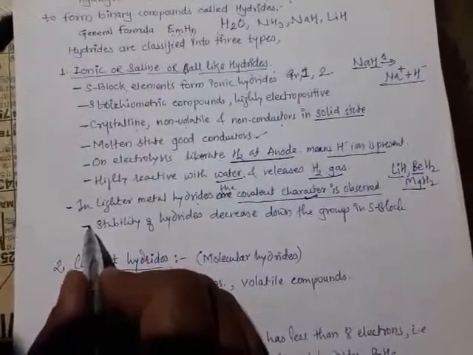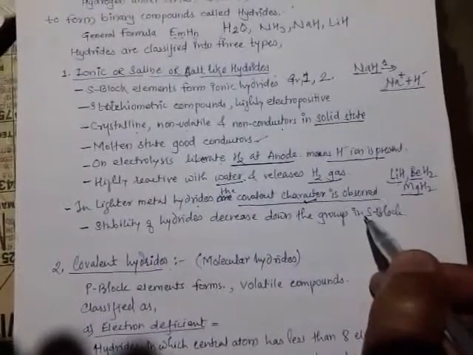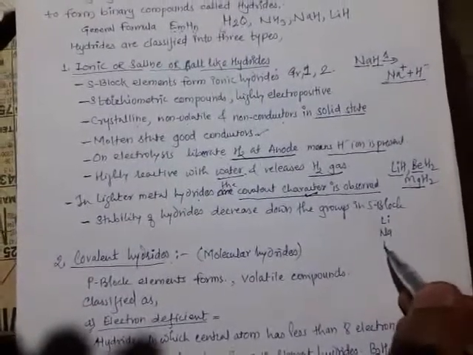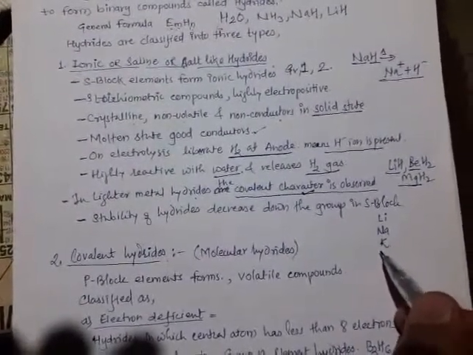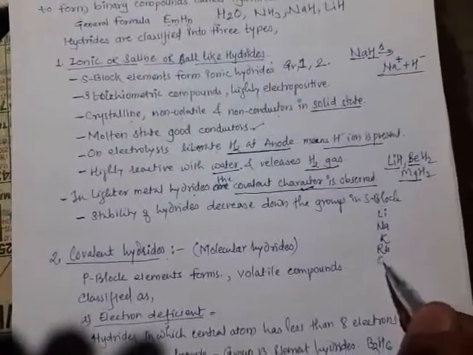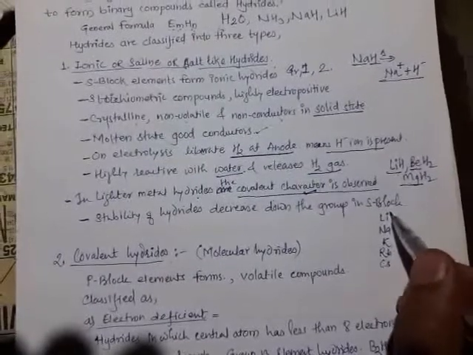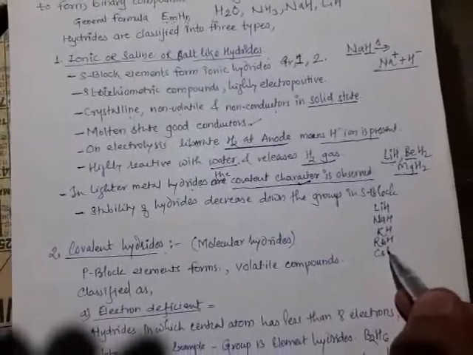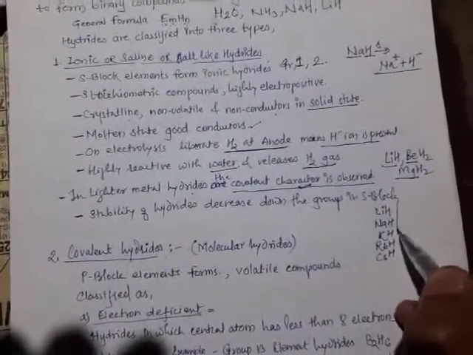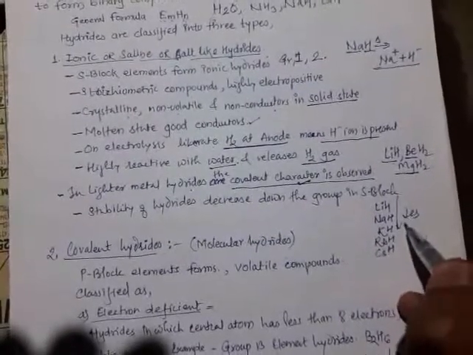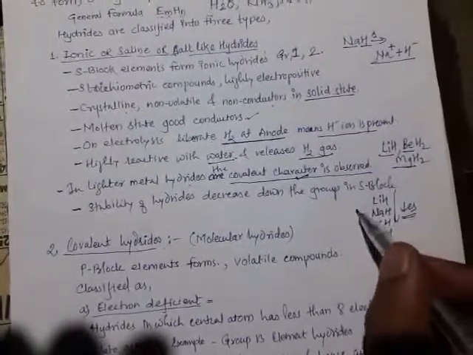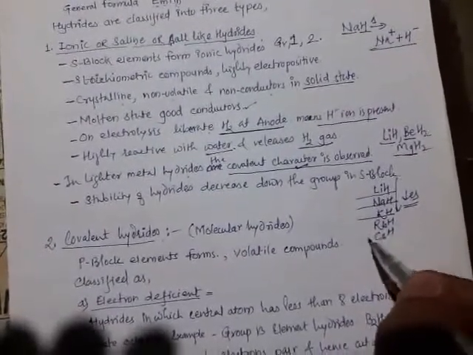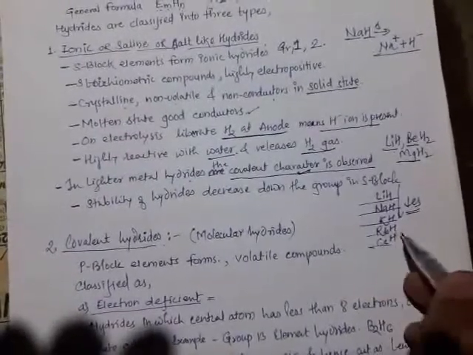The stability of hydrides decreases down the group in the S block. Lithium, sodium, and potassium form stable hydrides, but for rubidium and caesium the stability is less.